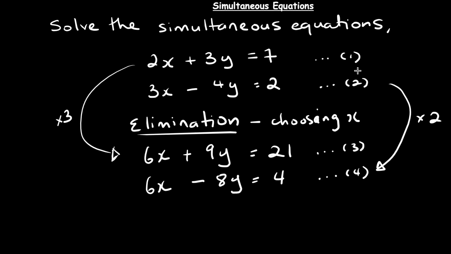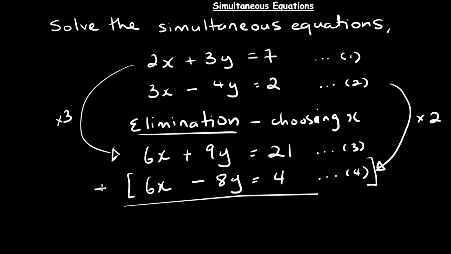Now, we're going to eliminate. And remember, I told you, elimination is literally just an addition or a subtraction process. If I add these two, 6x and 6x, I get 12x. I'm not adding them. I'm subtracting. I'm going to put everything in a bracket here and subtract vertically.